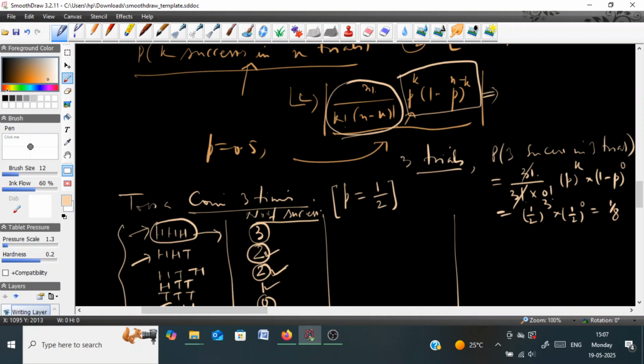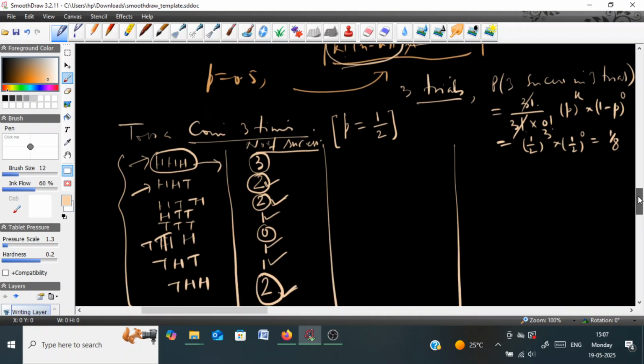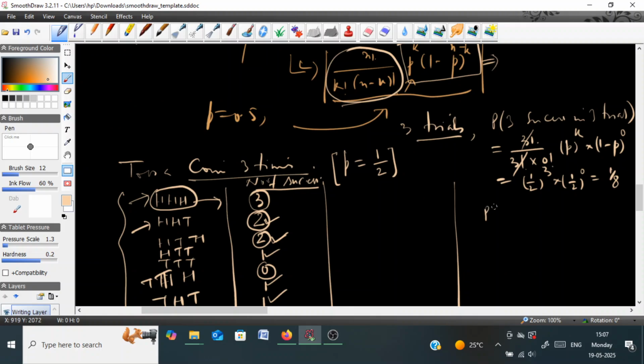Likewise, the probability of getting 2 successes in 3 trials will be equal to, now n in this case is 3, so 3 factorial divided by 2 factorial into 1 factorial into 0.5 or 1 by 2 to the power k, k is 2, into 1 by 2 to the power n minus k, that is 3 minus 2, it is 1.